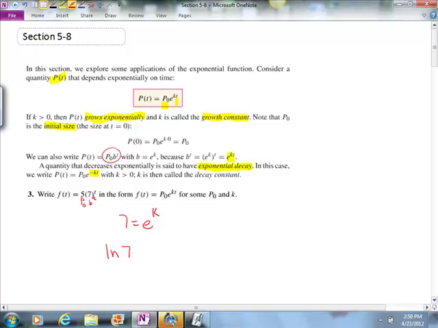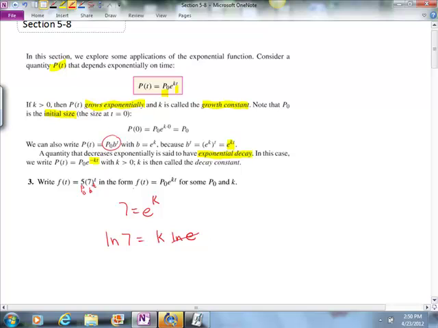We get ln 7 is equal to k times ln e, because remember that invokes the power rule, which will bring that k out in front. And of course the ln of e is just 1, so we know that k is equal to ln 7. So if we want to write our equation then in this form, f of t equals P naught e to the kt, we can write it as f of t equals P naught, which is that 5 right here, and then e to the k, which is ln 7, times t.